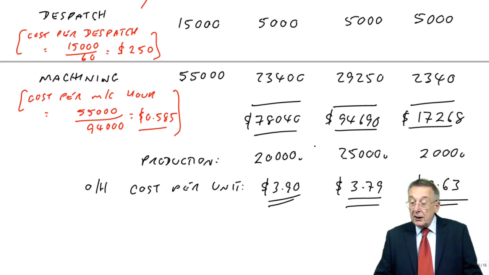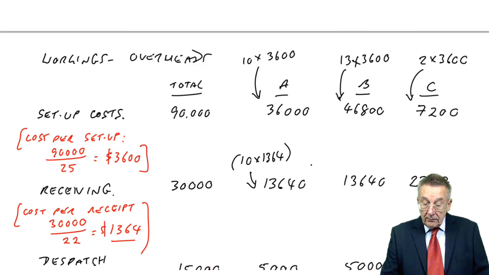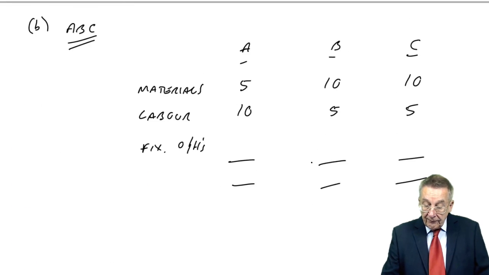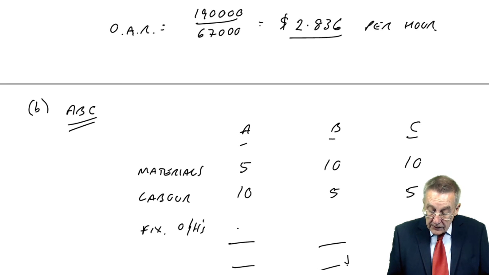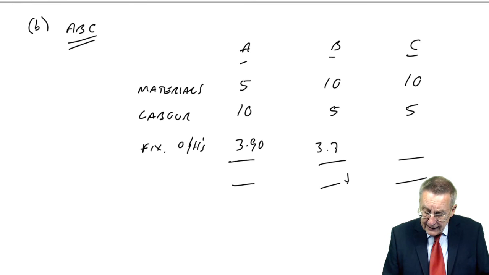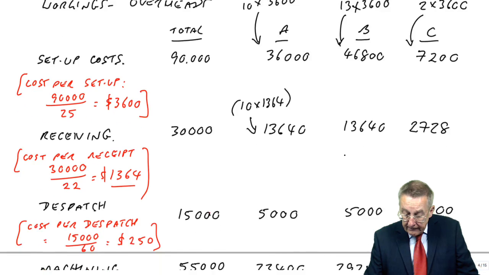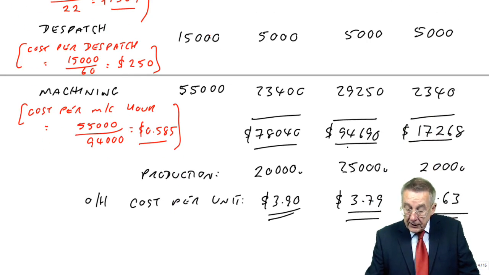Well, now we can finish it off. Go back to our cost cards. To A, it was 390. To B, I'll check in a minute. I think I remember right. I think it was 379. Let me check because I can't remember what C was. Yeah, B was 379.